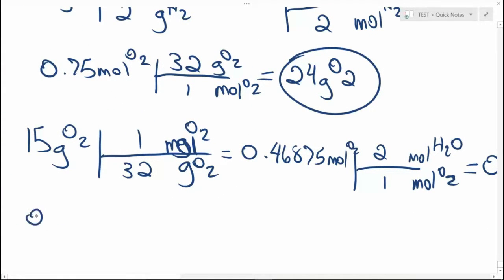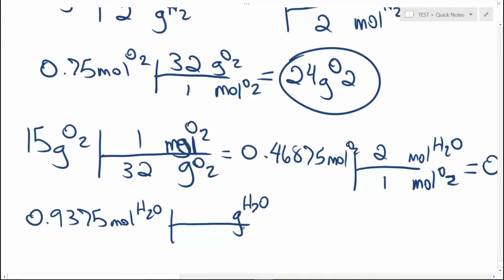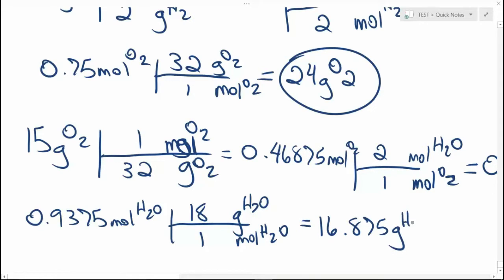So I'm going to take that 0.9375 moles of H2O, and I'm going to convert it to the grams of H2O from the moles of H2O. So there are 18 grams for every 1 mole, as we determined earlier for the water. So I'm going to take that 0.9375 and multiply it by 18, and it comes out to be 16.875 grams of H2O.